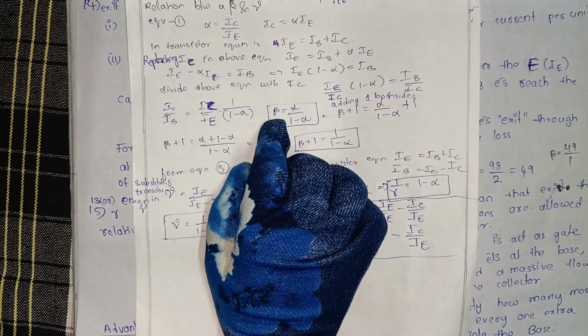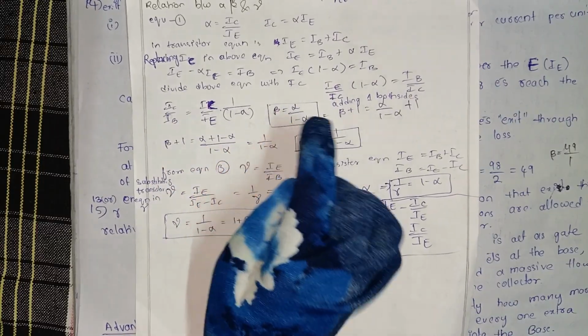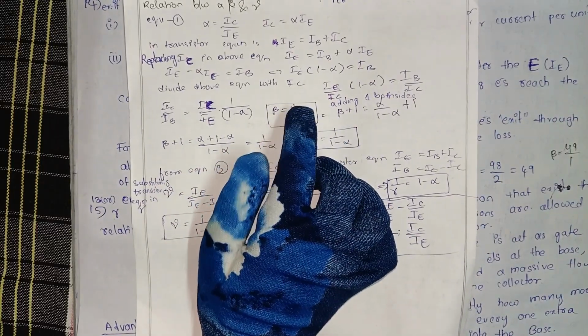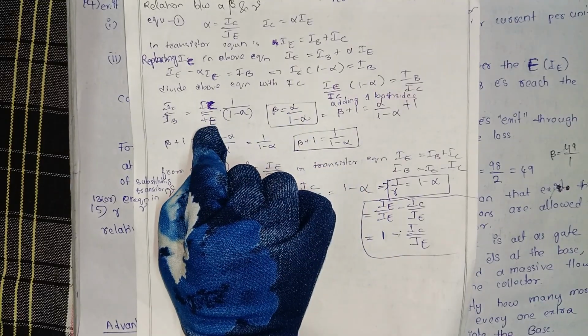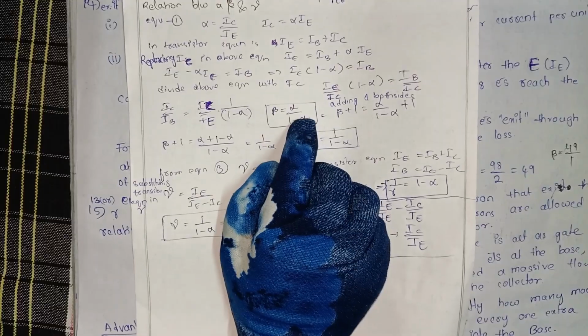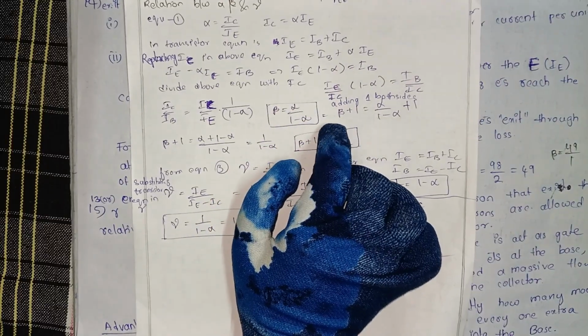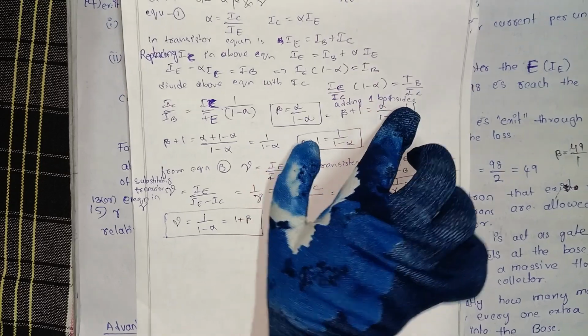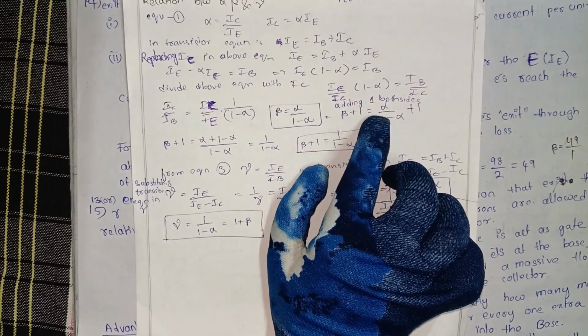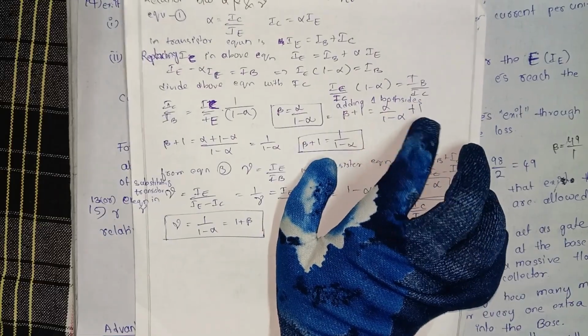So here IC by IB means beta, we know from the definition, and IC by IE means alpha, we already know this. Then 1 by 1 minus alpha as it is. Then we are adding 1 to both sides, so we get beta plus 1 is equal to alpha by 1 minus alpha plus 1.